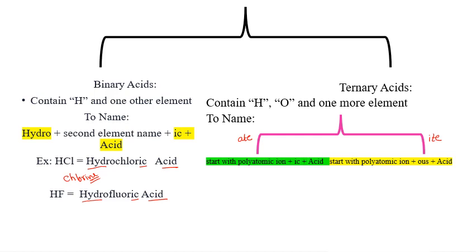If it is ate ending, we name the acid starting with the polyatomic ion plus ic acid. If it is ite ending, we name the acid starting with the polyatomic ion, and the acid name should end in ous acid. Let's see the examples with the details for each type.